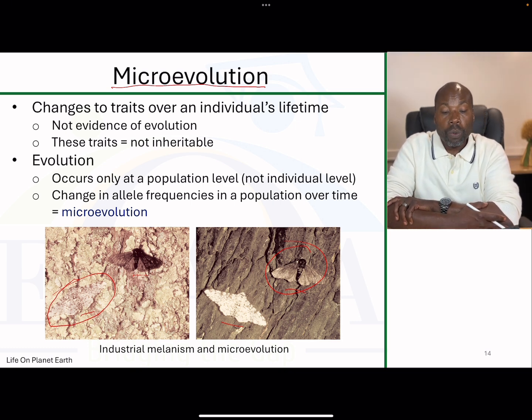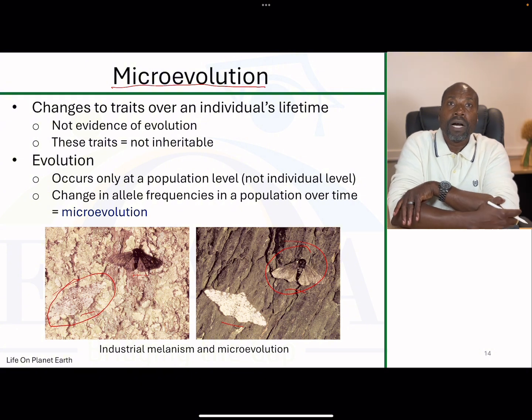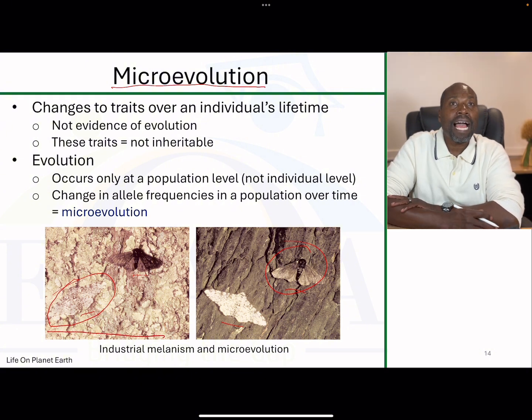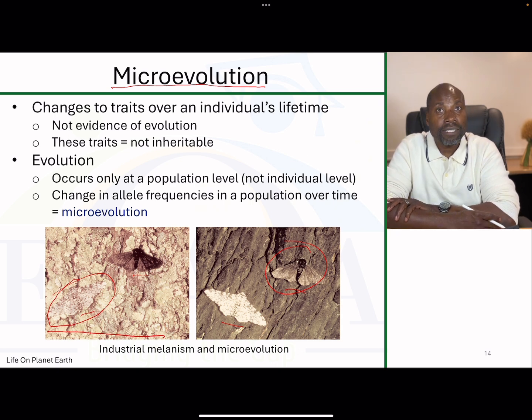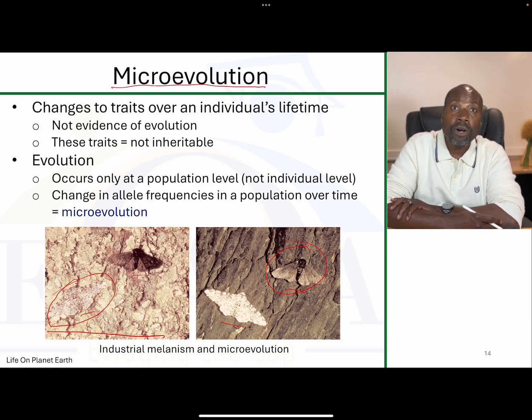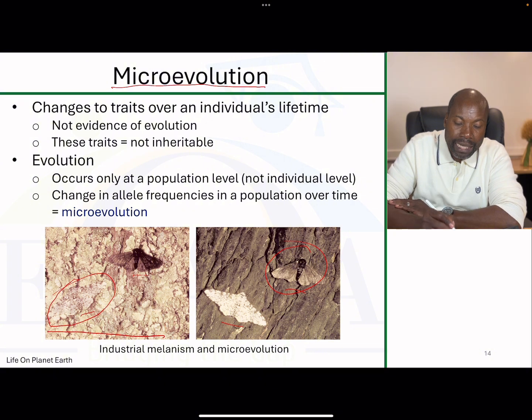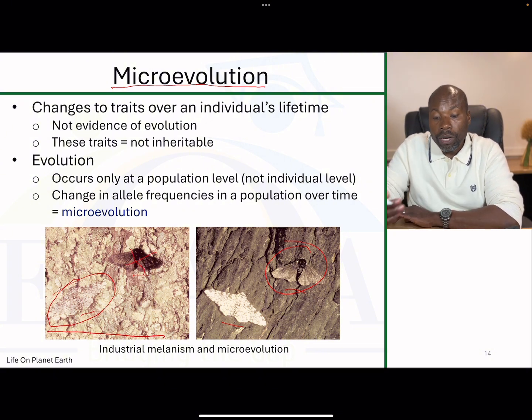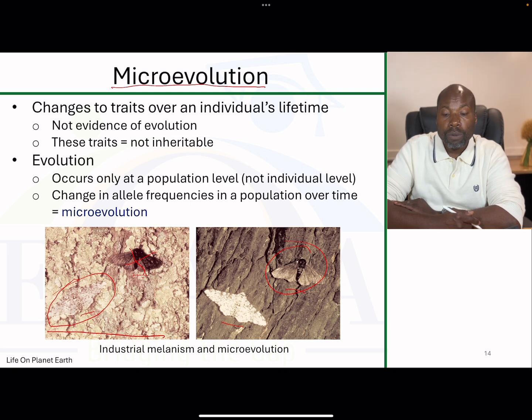In a non-polluted area, you have one particular set of alleles that are more expressed, because everything else is going to be eaten by the predators. In areas with a lot of pollution, some are going to thrive, while the clear, white ones are going to be easily seen and eaten.